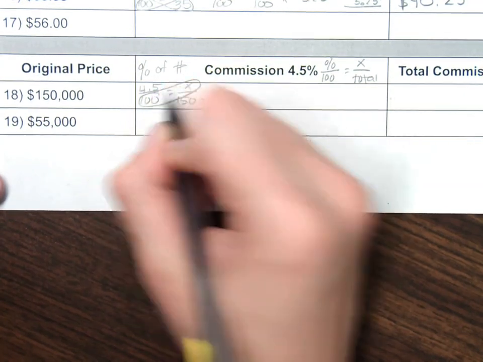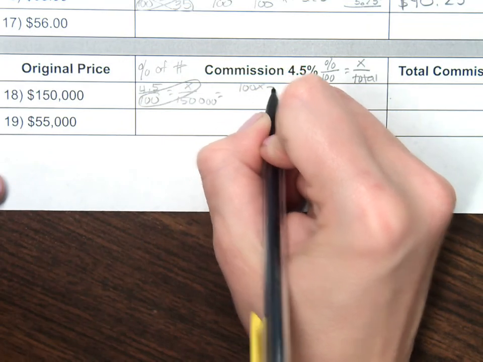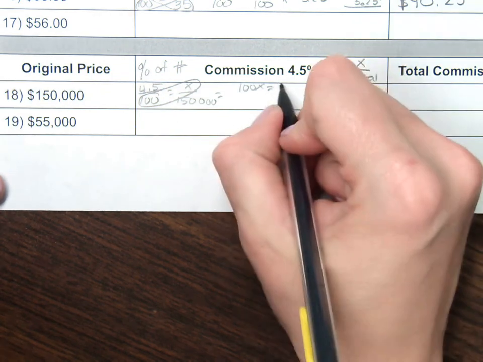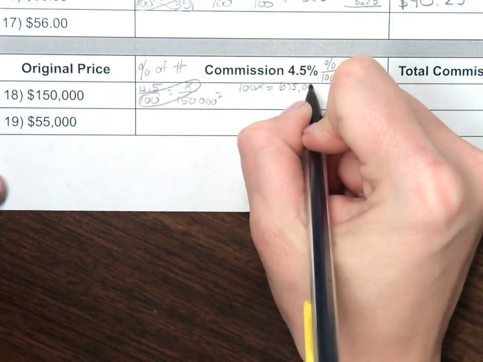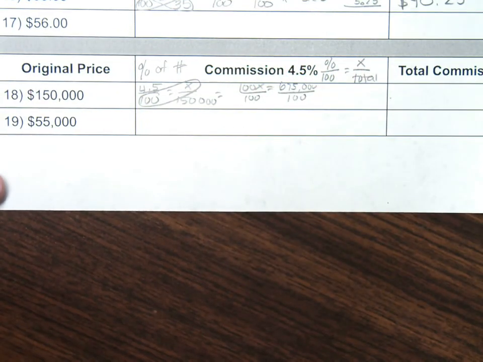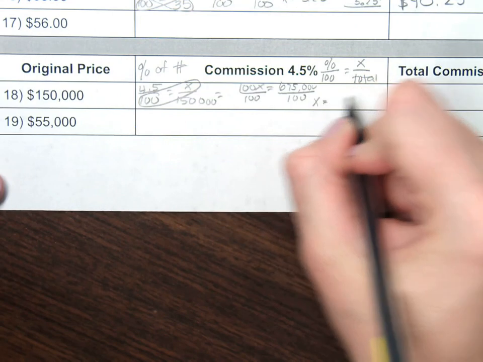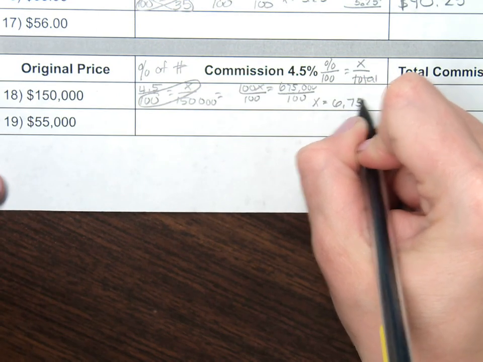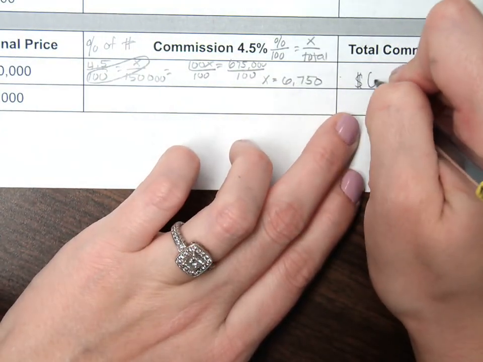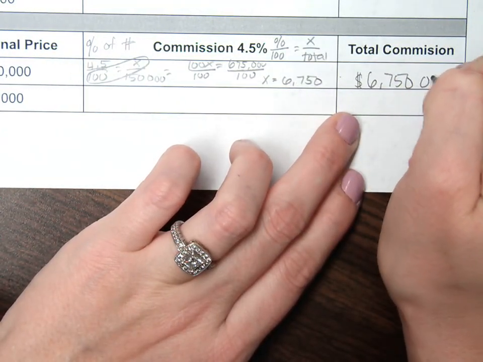We cross multiply. 100 times X is 100X. 4.5 times 150,000 is 675,000. Divide by 100. And how much a commission is how much money you earn off of a sale. So how much money I earned off this sale was $6,750.